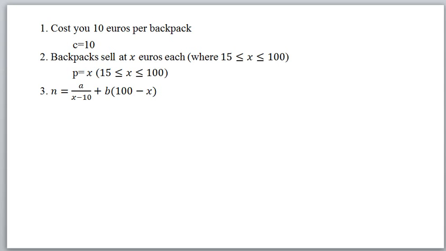Number 2, backpacks sell at X euros each, where X is greater than or equal to €15 and less than or equal to €100, so P equals X, where P stands for the selling price. Number 3, N equals A divided by X minus 10 plus B multiplied by 100 minus X, where N stands for the number of backpacks sold.